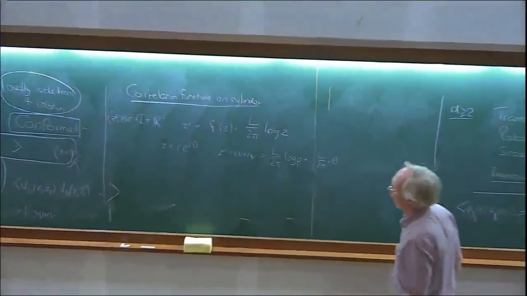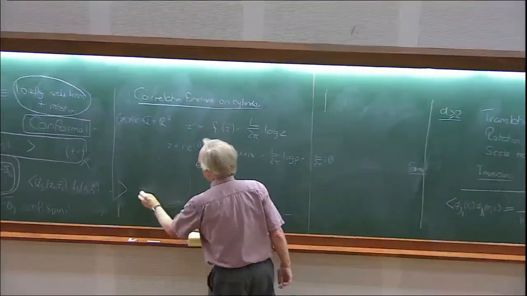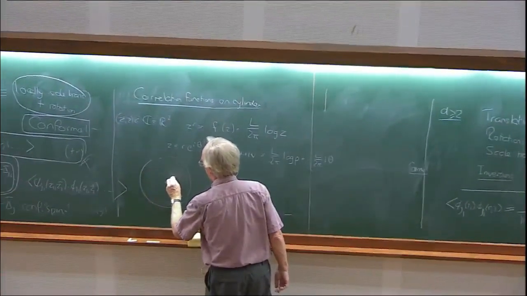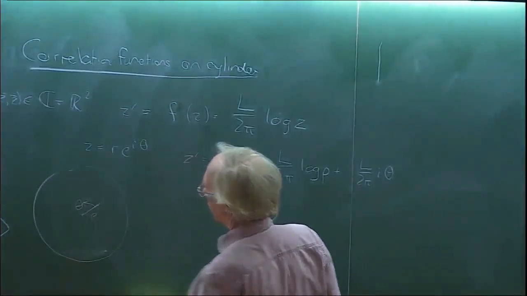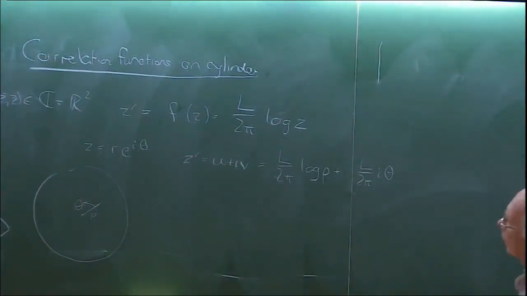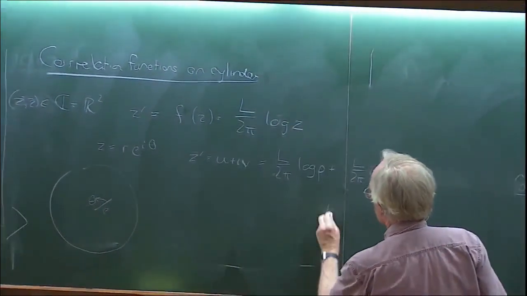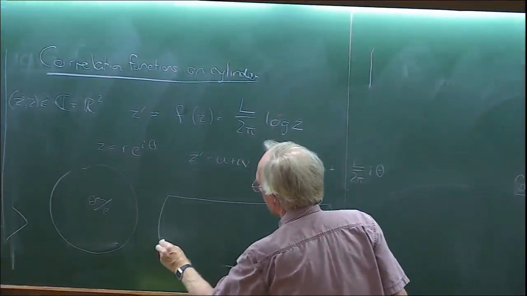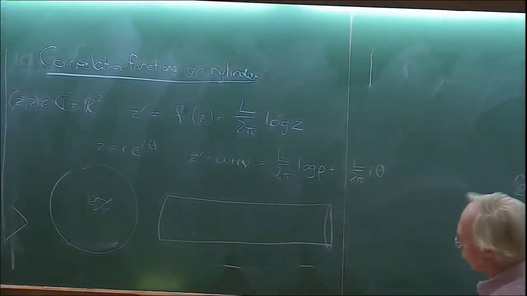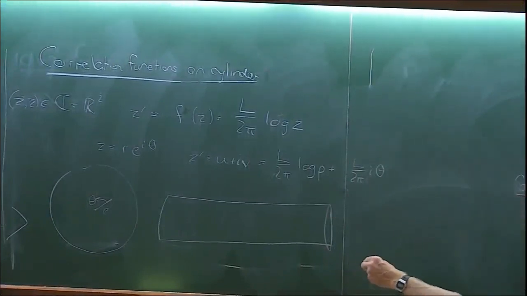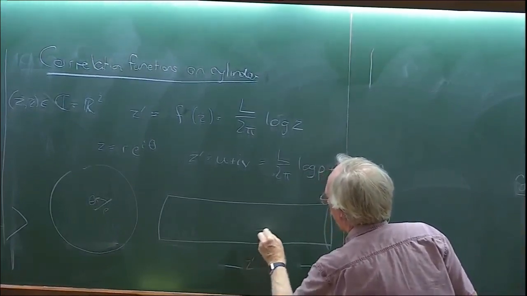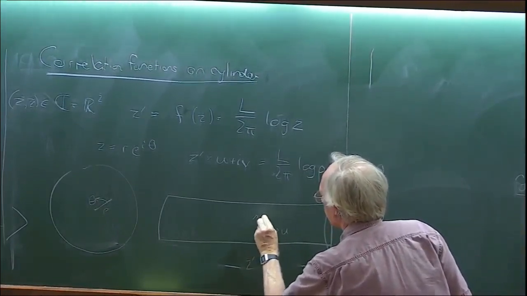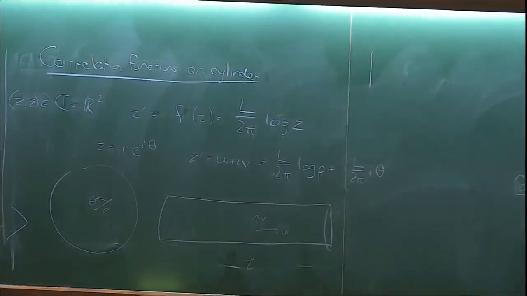So if I think about the whole of the z plane here, here's the origin, this is rho, this is theta. This gets mapped into an infinitely long cylinder, which I can't draw, so here's a cylinder, but it's supposed to be infinitely long, and this is u, this is v. u is going along the cylinder, v is going around the cylinder, okay?